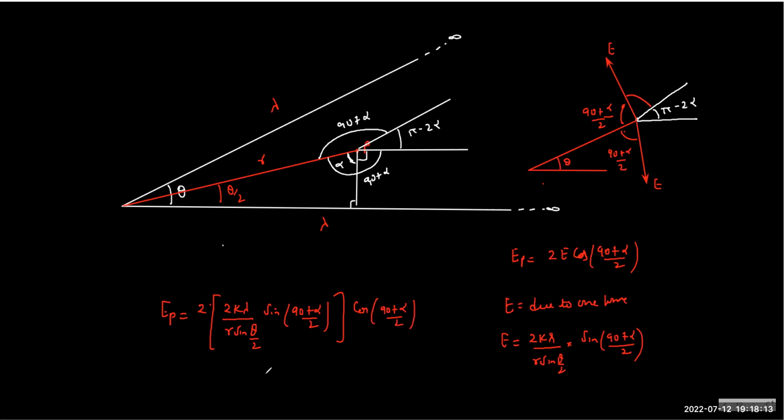Correct? Now this is the entire thing. So this turns out to be 2k lambda upon r sin theta by 2. And 2 sin into cos will be how much? Sin of 90 plus alpha. And sin 90 plus alpha is what? Cos alpha.